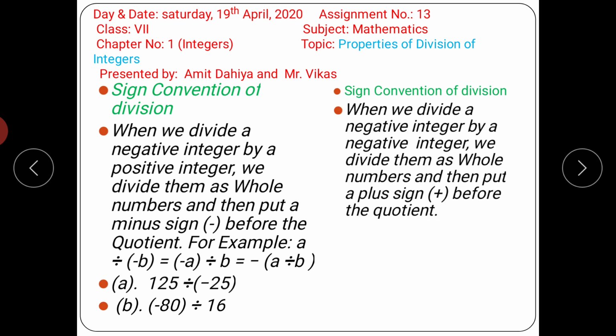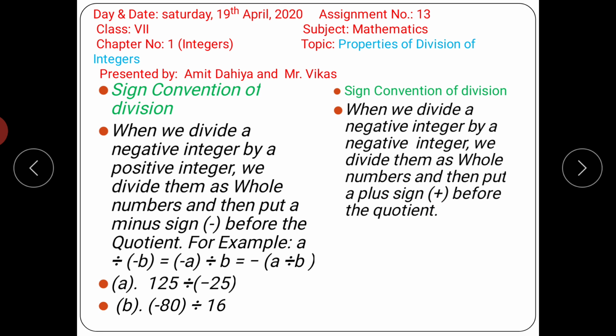Another property of the sign convention: when we divide a negative integer by a negative integer, we divide them as whole numbers and then put a plus sign before the quotient. I am going to repeat it again.